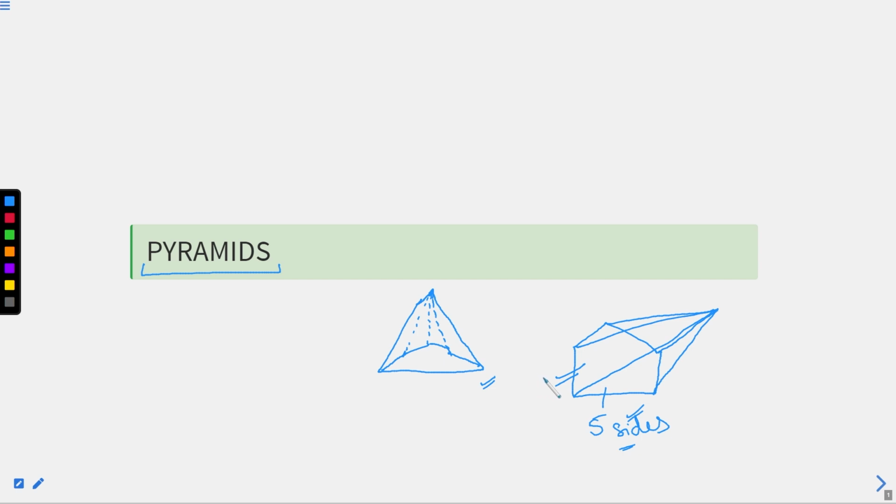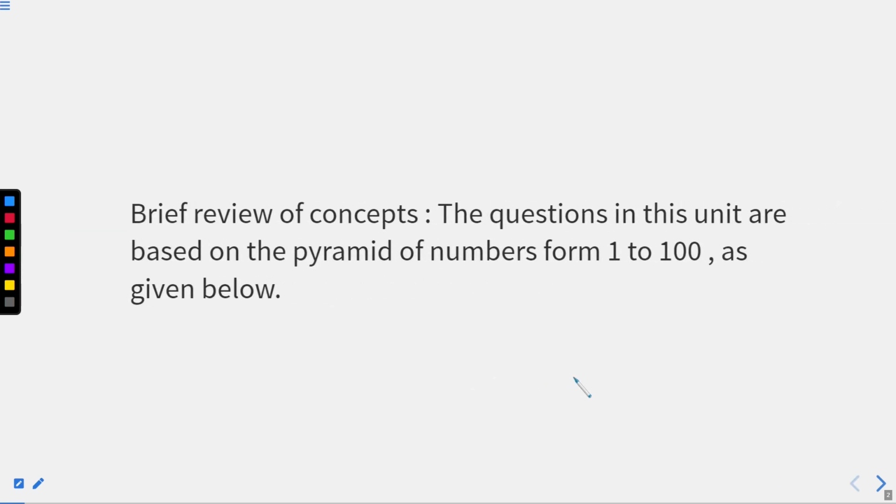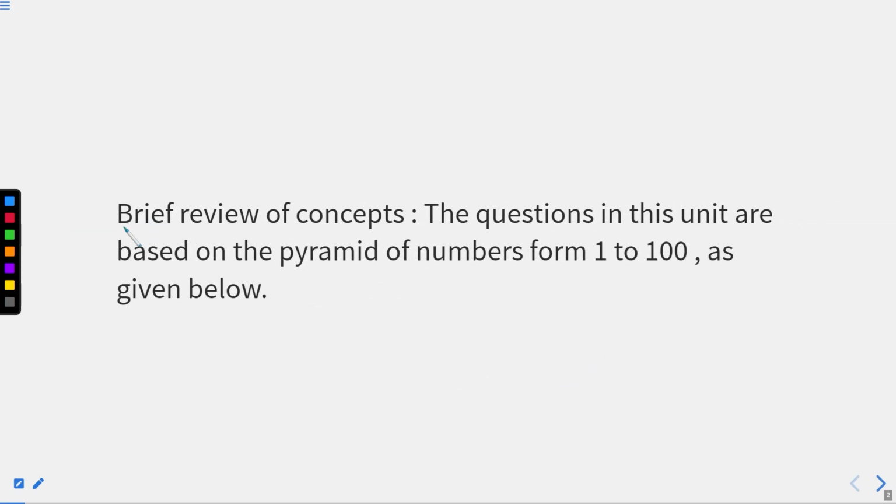In this particular shape, we are going to arrange all the numerical values from 1 to 100, and as soon as we are able to arrange all the values, we are able to solve questions based on the arrangement of all the numerical values, right? In this chapter, I'll explain the concept very well as we go forward.